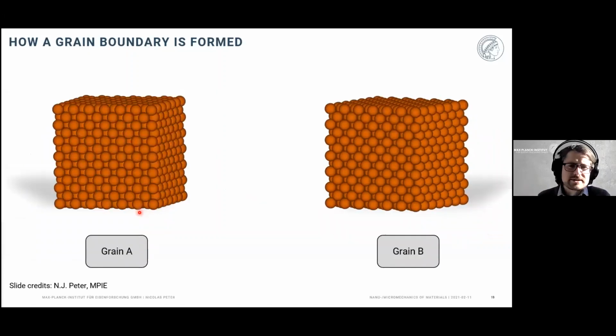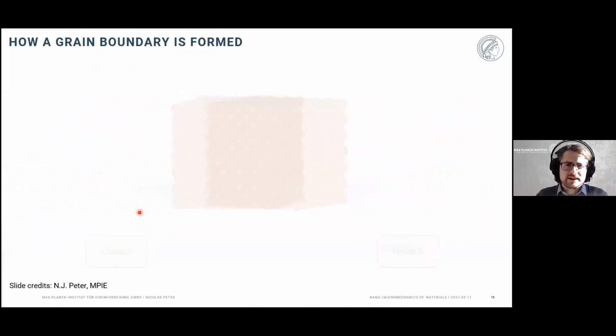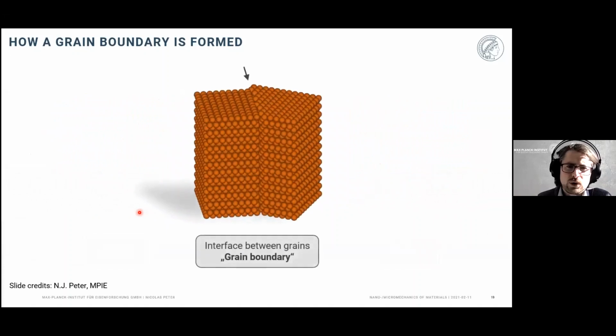And so what this means is that if we take grain A and grain B, and we put them together, we don't have direct continuity between the crystal structures, but we have a discontinuity, which is called a grain boundary. And like 1D defects such as dislocations, 2D defects like grain boundaries are also incredibly important for the mechanical response of engineering materials and all materials.